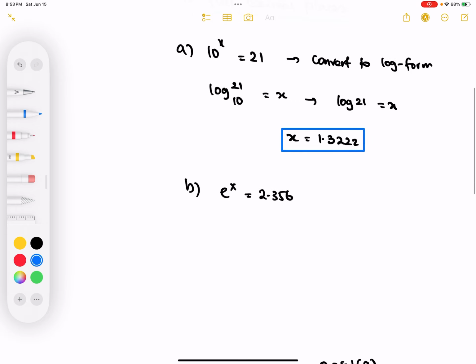Similarly, this one has base e. Remember, the base e logarithm is known as the natural logarithm. So again, convert this to log form.